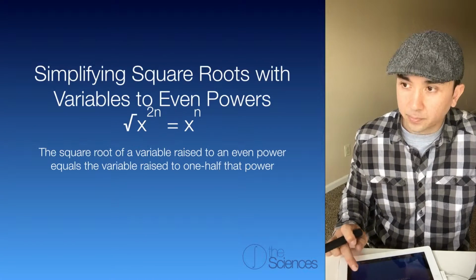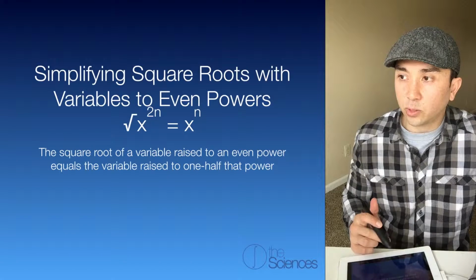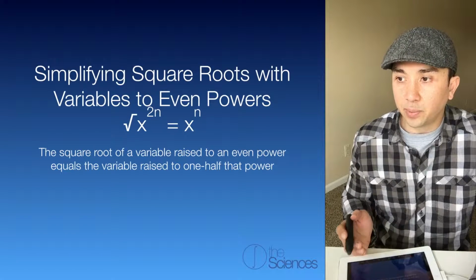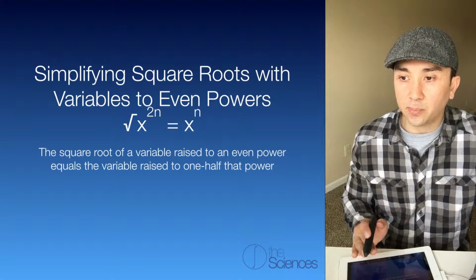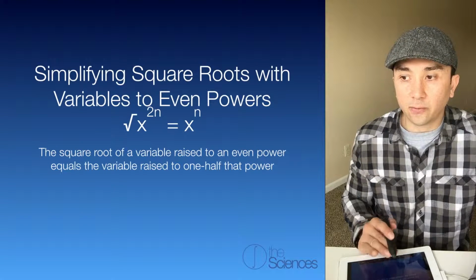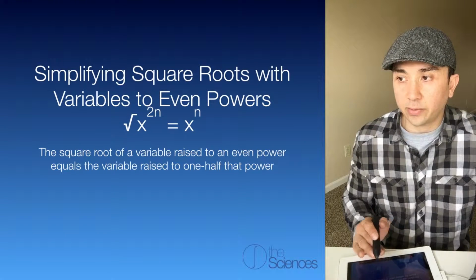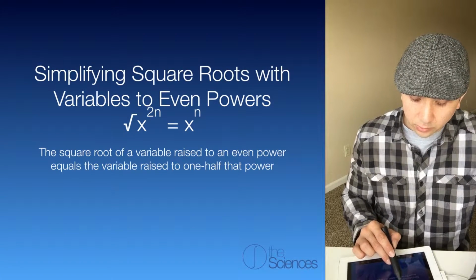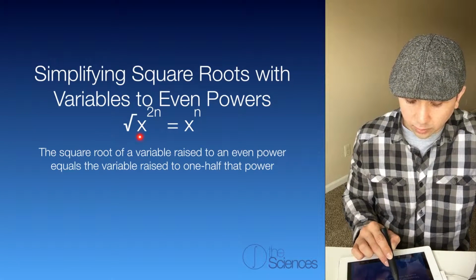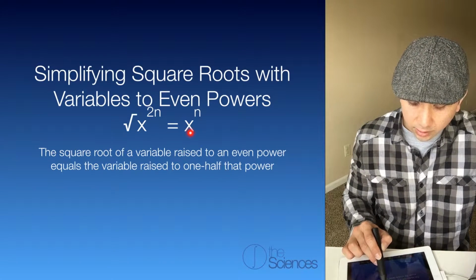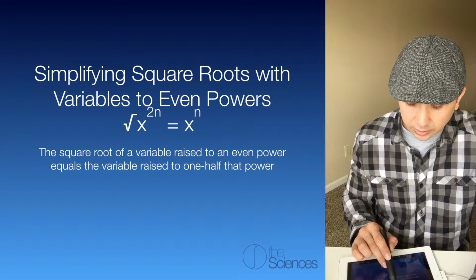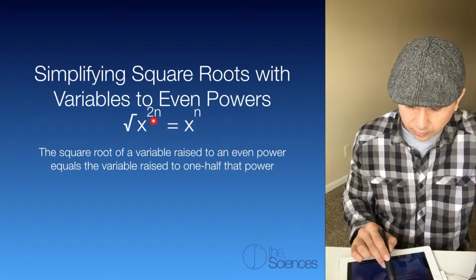So simplifying square roots with variables to even powers: the square root of a variable raised to an even power equals the variable raised to 1/2 that power. So here, if we have the square root of x raised to the 2nth power, well, that's just x to the nth power, if you just multiply that by 1/2.